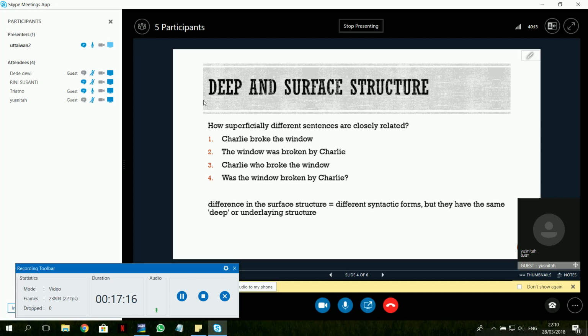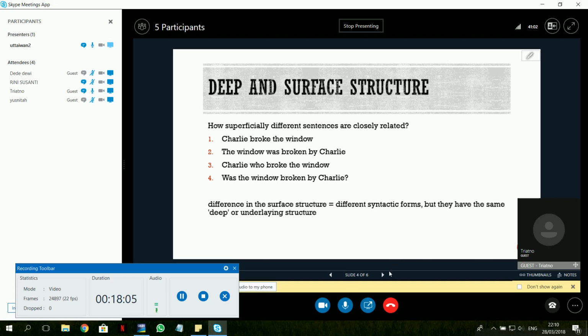Hari ini bisa aktif? Sepertinya Mbak Rini belum bisa merespon, Mbak Dede Dewi juga belum bisa merespon.